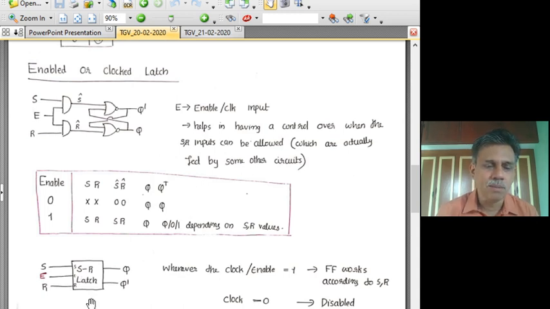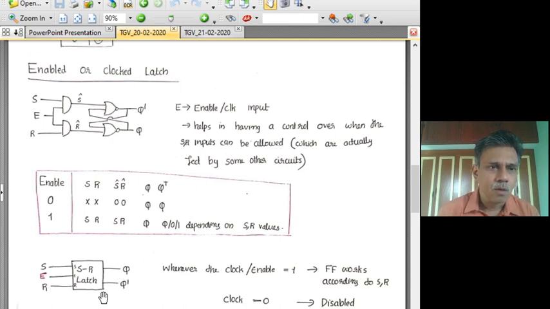So again, what is the black box representation for the SR latch? We have three inputs, S, R and enable, and two outputs, Q and Q complement. And we assume that it is always operated in the non-forbidden state or a valid state.